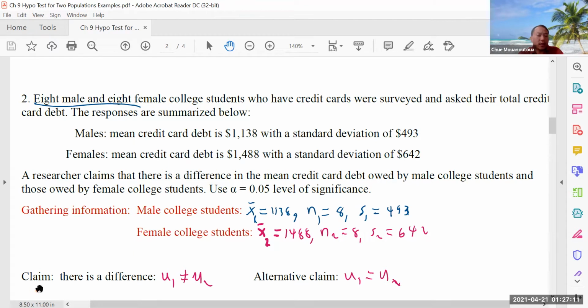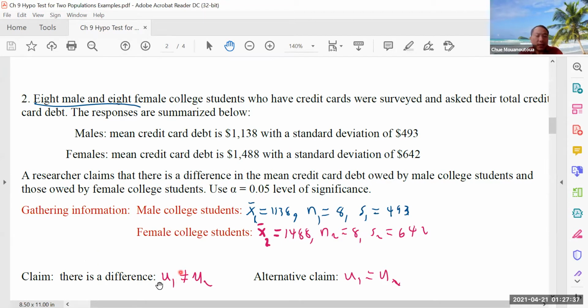Now, look at the claim. The claim says there is a difference between the average credit card debt by all males and females. Difference means not the same.